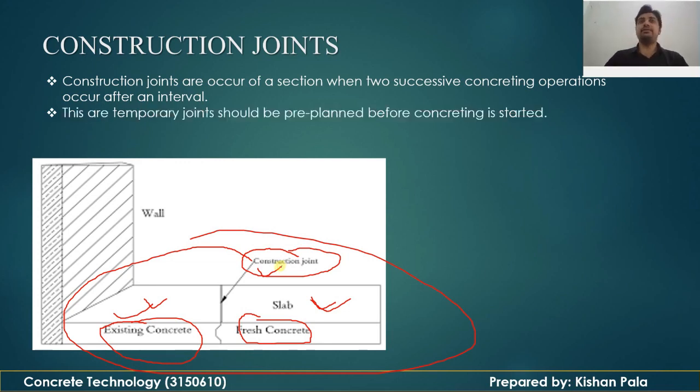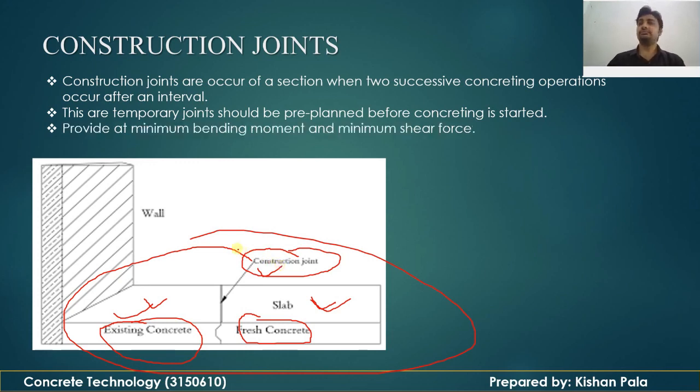This is a temporary and pre-planned joint. You know the total planning of the structure, and you have already calculated the total period of casting of any concrete element, so you can plan the construction joint in advance. So this is the pre-planned construction joint.